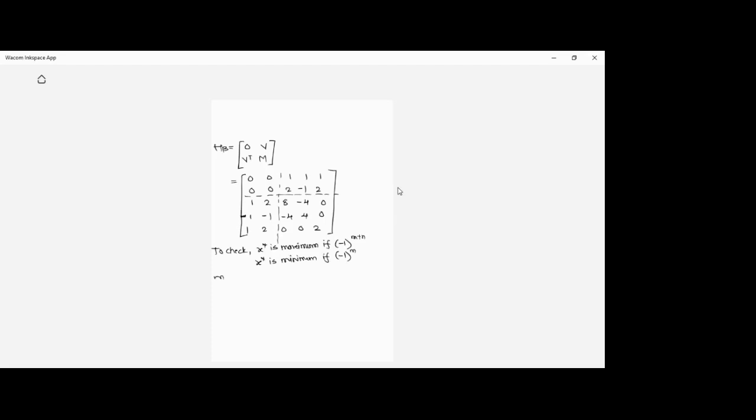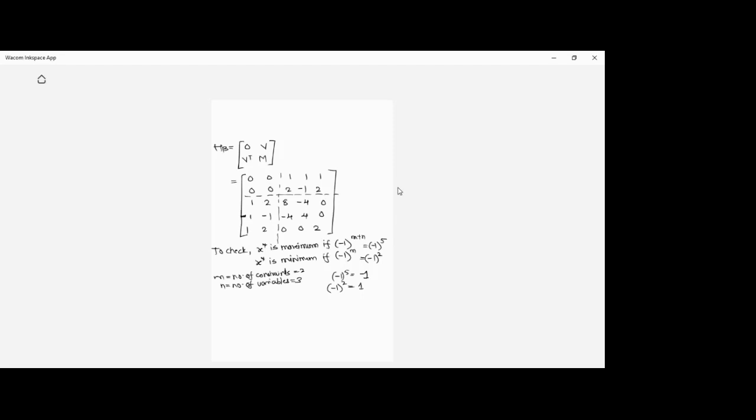Here m is the number of constraints and n is the number of variables. So m was equal to 3 and n was equal to 2. So here it is (-1) raised to 5, and (-1) raised to 2. (-1) raised to 5 is equal to -1, and (-1) squared is equal to 1, right?